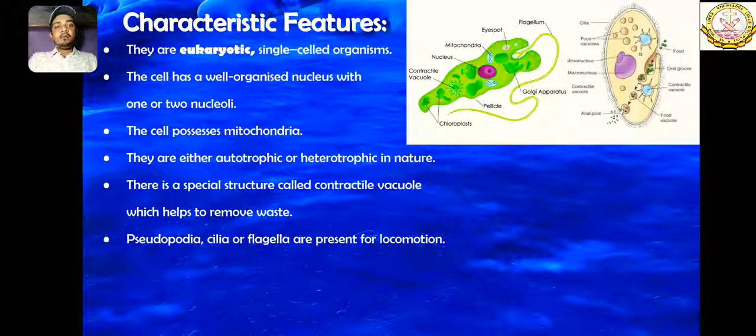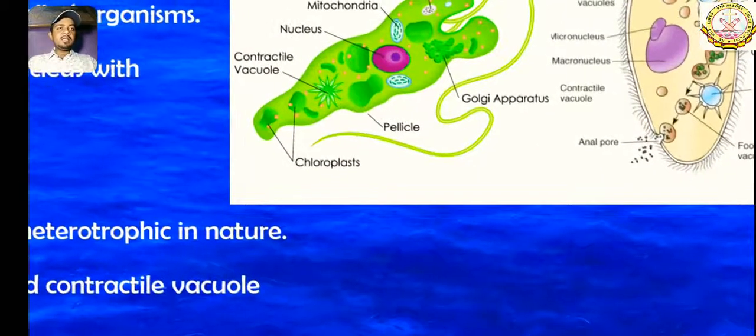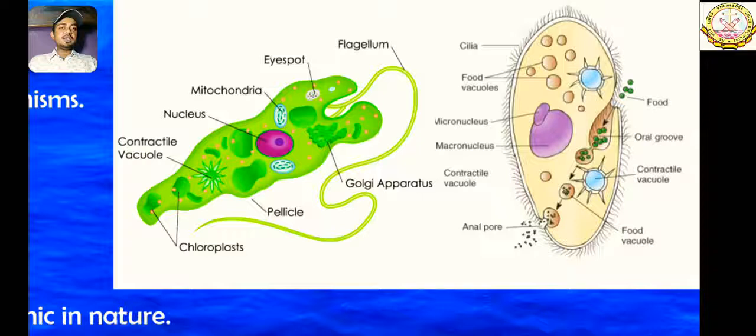Pseudopodia, cilia or flagella are present for locomotion. My dear students, in the previous kingdom where bacteria were there, nothing was present for locomotion. But here very clearly defined pseudopodia, cilia or flagella are present. As you can see in this picture, the organism on the right has small hair-like projections across the body.